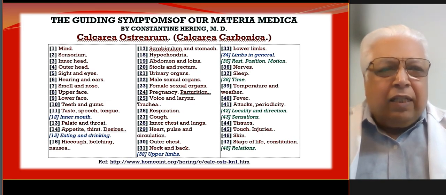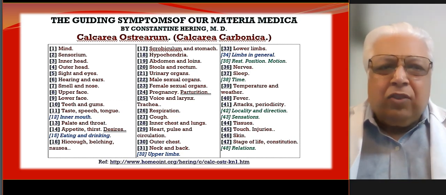Before Hering's comparative materia medica, we had only academic materia medica based on the proving, but this is the first materia medica based on clinical verification, and this is the fundamental base for Allen's keynote symptoms.